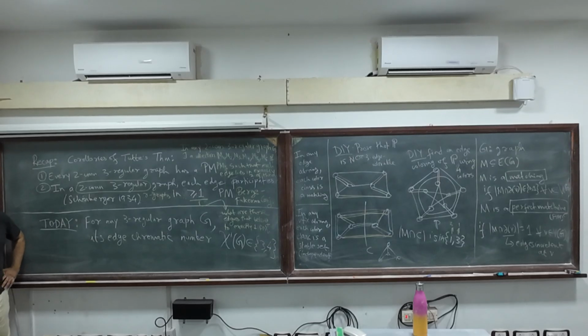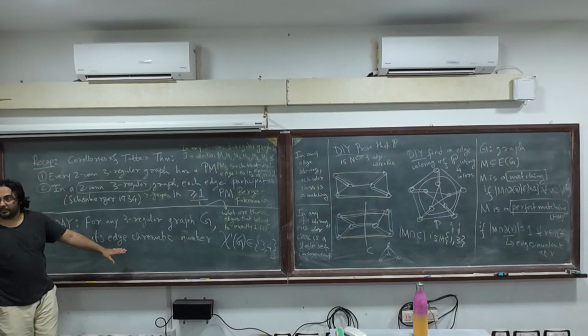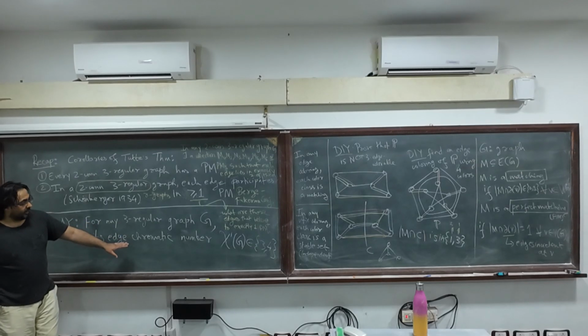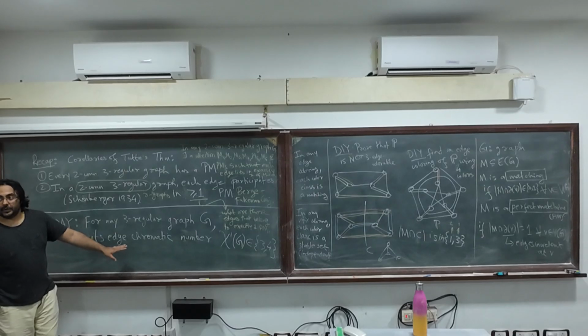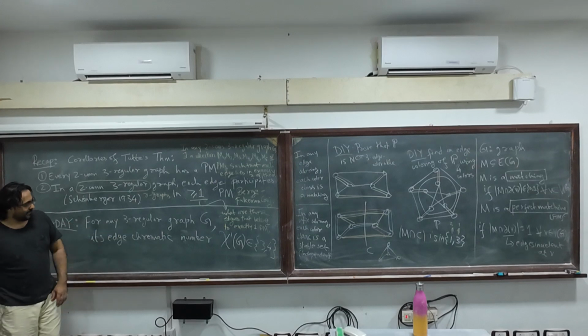So what we will do now is we will switch to this. We will prove that for every 3 regular graph, the edge chromatic number is either 3 or 4. In order to prove this, we will go to vertex colorings, and today the focus will actually be on vertex colorings. We will prove this as a corollary of a result in vertex colorings.